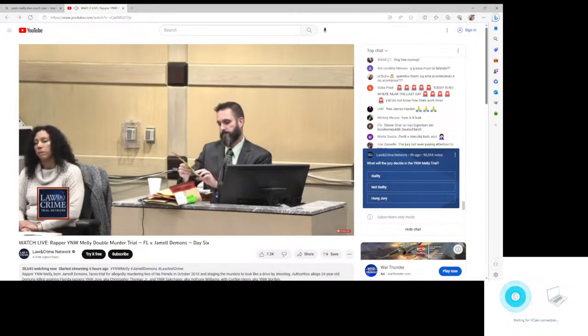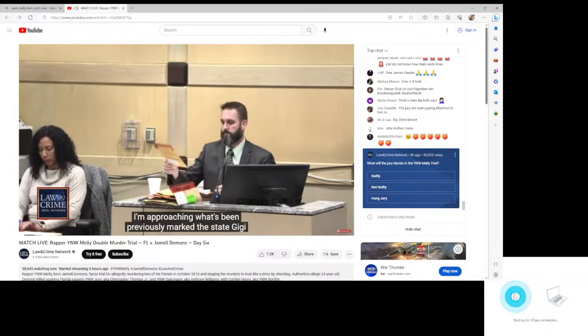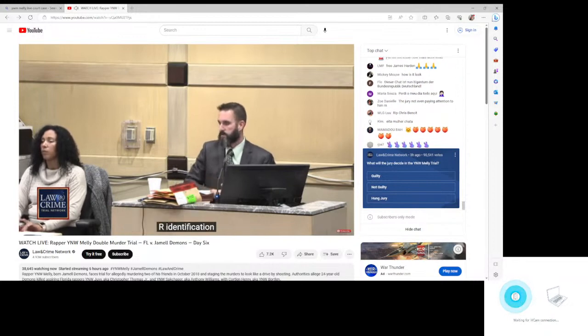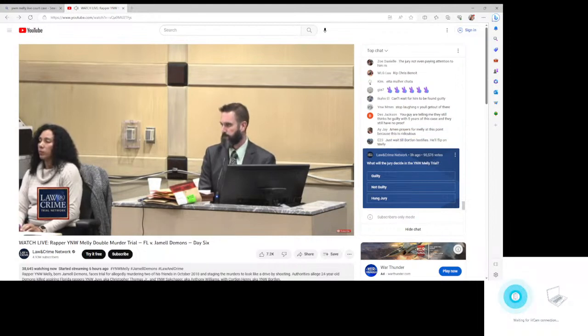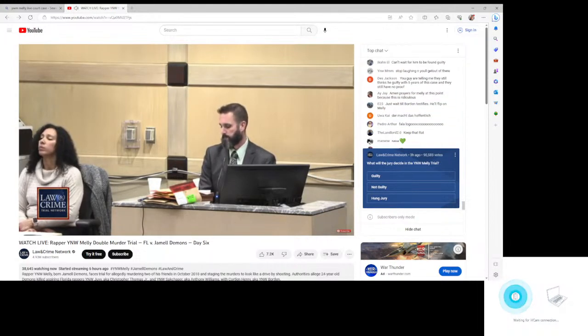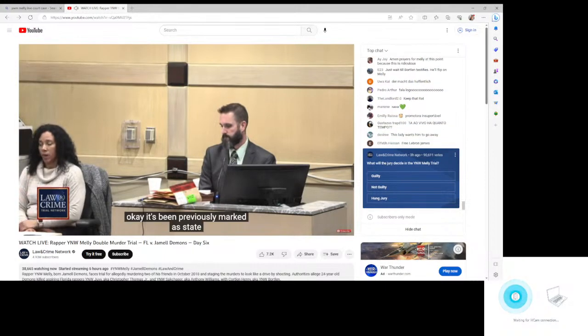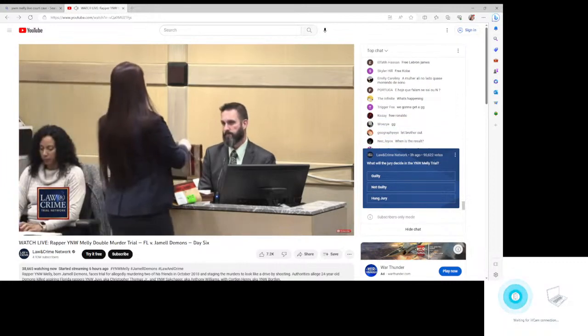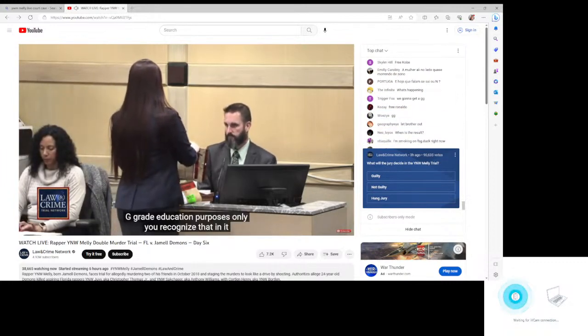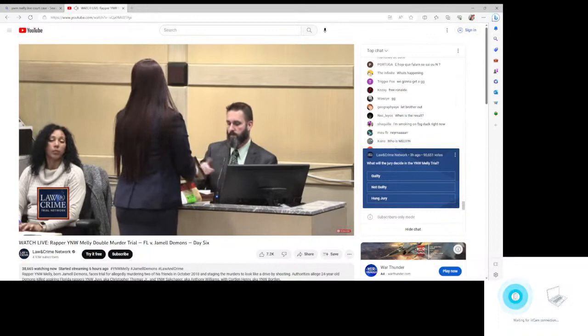So I'm approaching with what's been previously marked as State GG for identification purposes only. Okay, I'm showing you what's been previously marked as State GG for identification purposes only. Do you recognize that item?